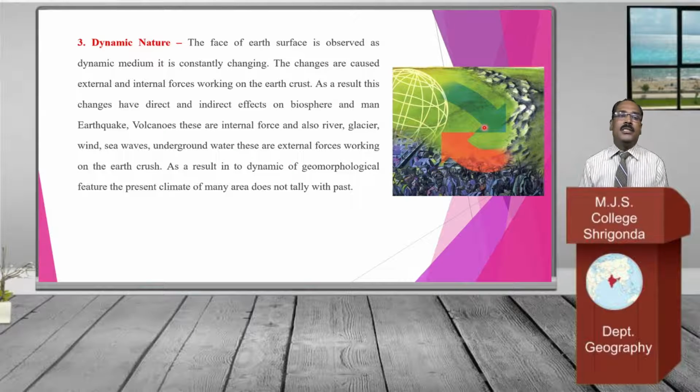As a result, these changes have direct and indirect effects on the biosphere and man. Earthquakes and volcanoes are the internal forces, and rivers, glaciers, wind, sea waves and underground water are the external forces working on the earth's crust.